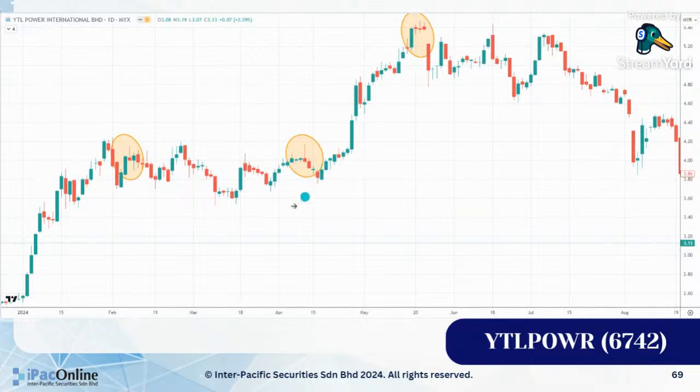Even though there was selling pressure, the whole of YTL Power was still trading sideways, and eventually it picked up on the breakout of the consolidation block and continued to trade higher. From here we can see again it formed another shooting star, and at the break at 5 ringgit 20-something cents, we can see that it met selling pressure and has been going lower from there.